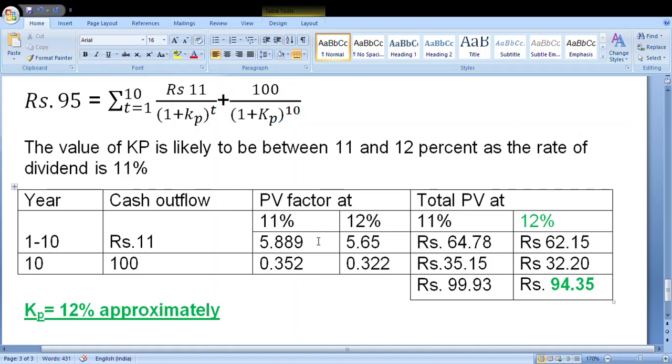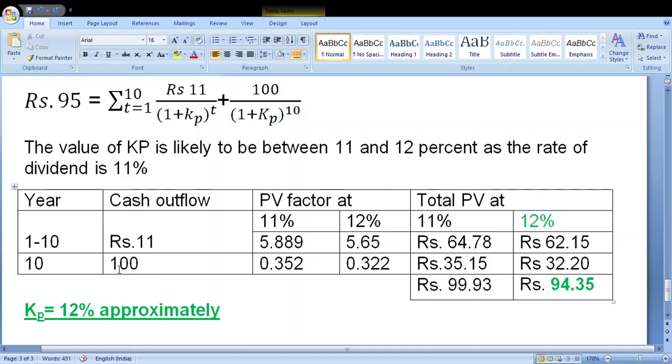These are annuity kind of values. We obtained them from table A4, as the payment is in the form of an annuity from year 1 to 10. We have to check table A4, 11% and 10 years, and this one table A4, 12%, 10th year.